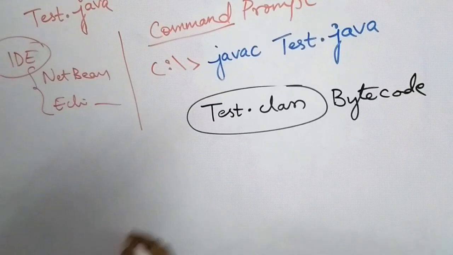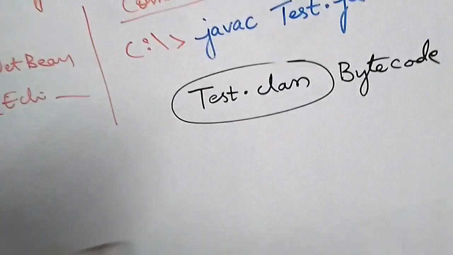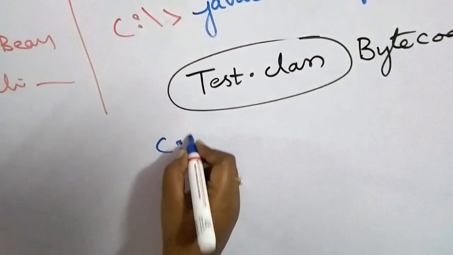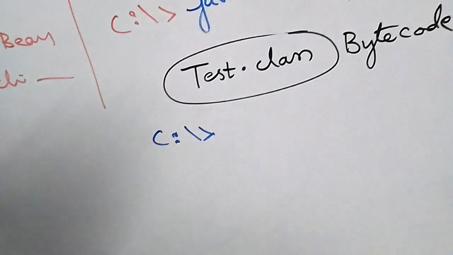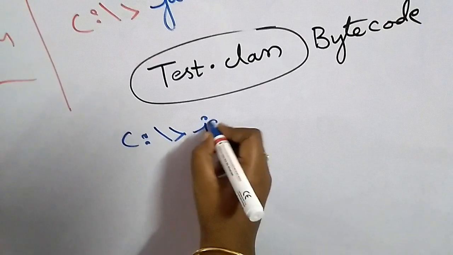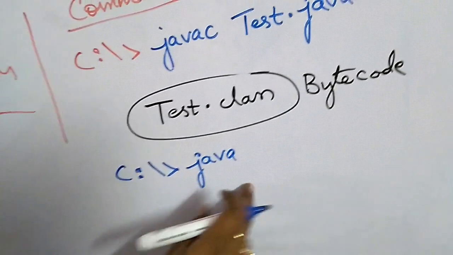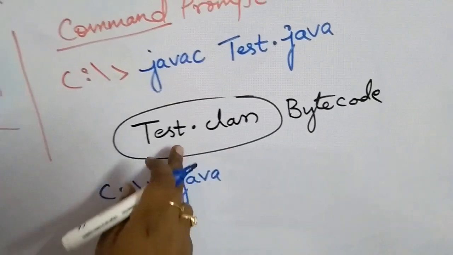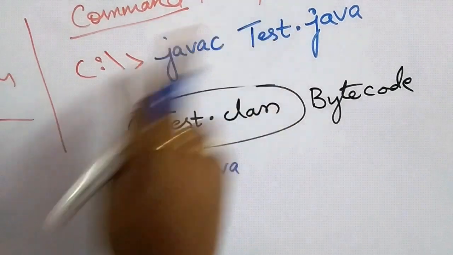Now you have to execute the program. To execute the program, we have to use the Java application launcher, which is nothing but your execution, like your JVM. So I'll say java. This is your Java application launcher, followed by the name of the class. So I'm not saying the name of the file.